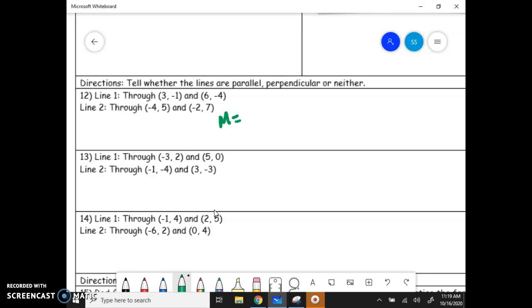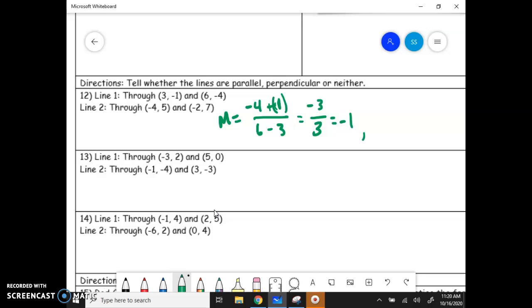So m is equal to -4 minus -1 over 6 minus 3. So we're going to change that to positive. -4 plus a positive 1, that's going to be -3 over 6 minus 3, that's 3. Negative divided by positive is a -1.